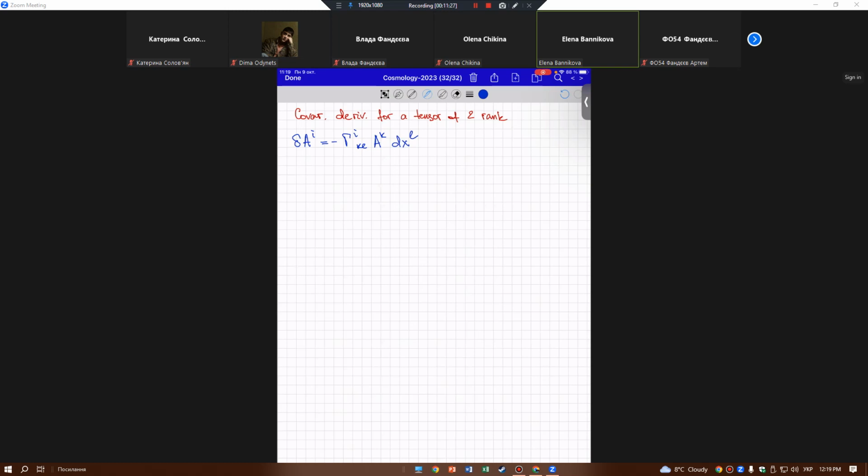It's not yet the covariant derivative of a tensor of the second rank, but for the first rank. I will put it here just to look at this. So, just to remind, the differential we determine as A^I comma L dx^L for contravariant and for covariant.